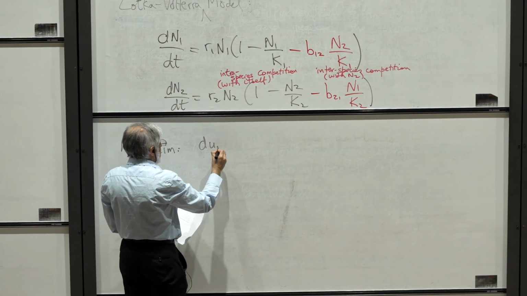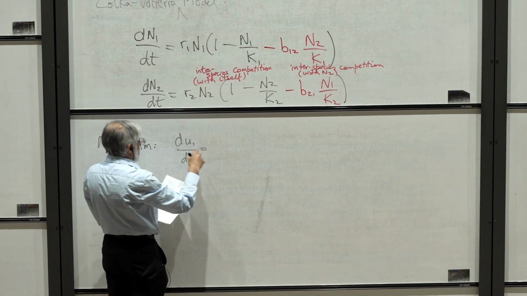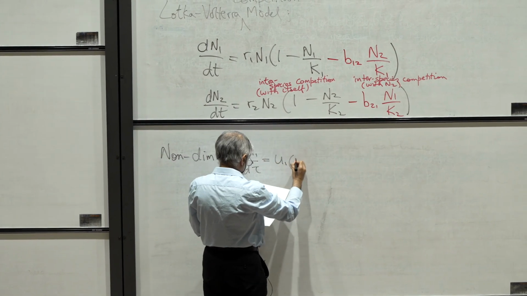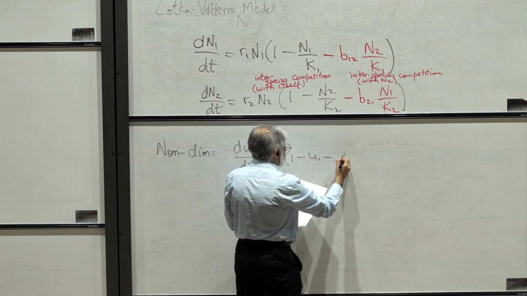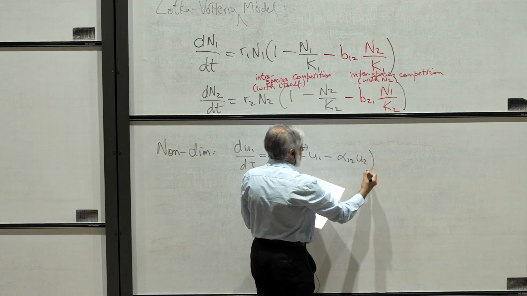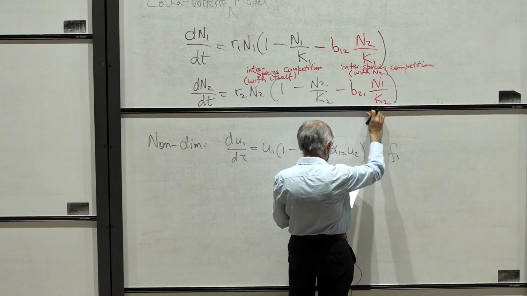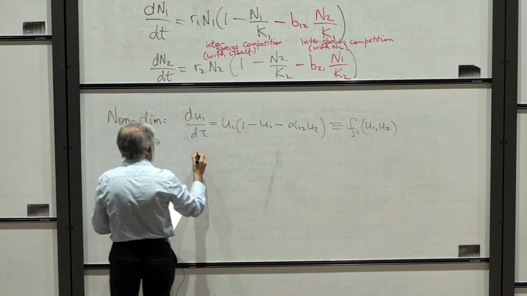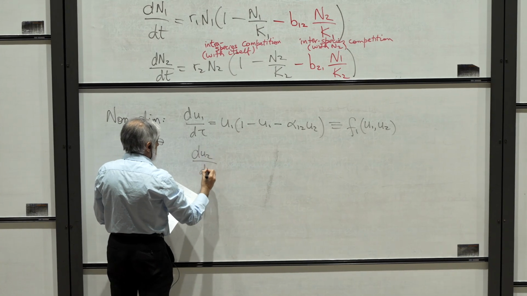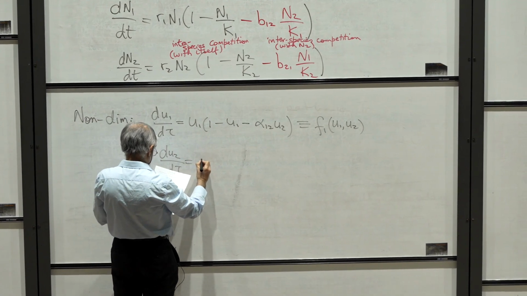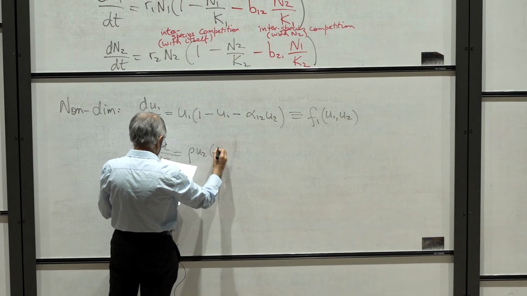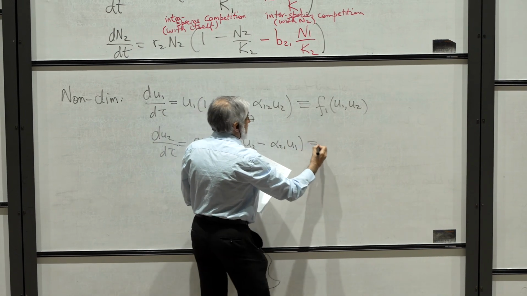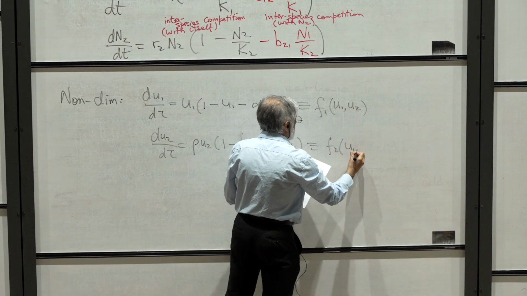And you end up getting du1/dtau equals u1 times (1 minus u1 minus alpha12 u2). We'll call that f1. And du2/dtau equals rho u2 times (1 minus u2 minus alpha21 u1), and that is f2(u1, u2).